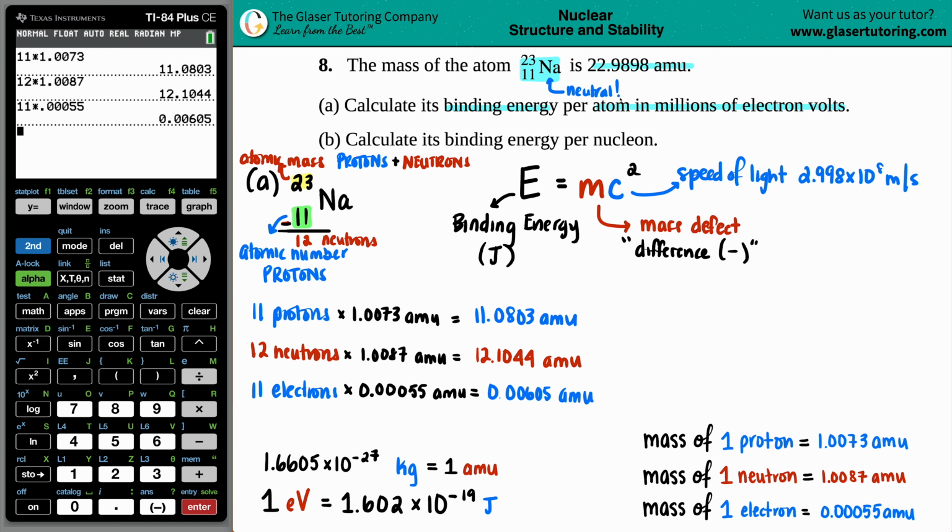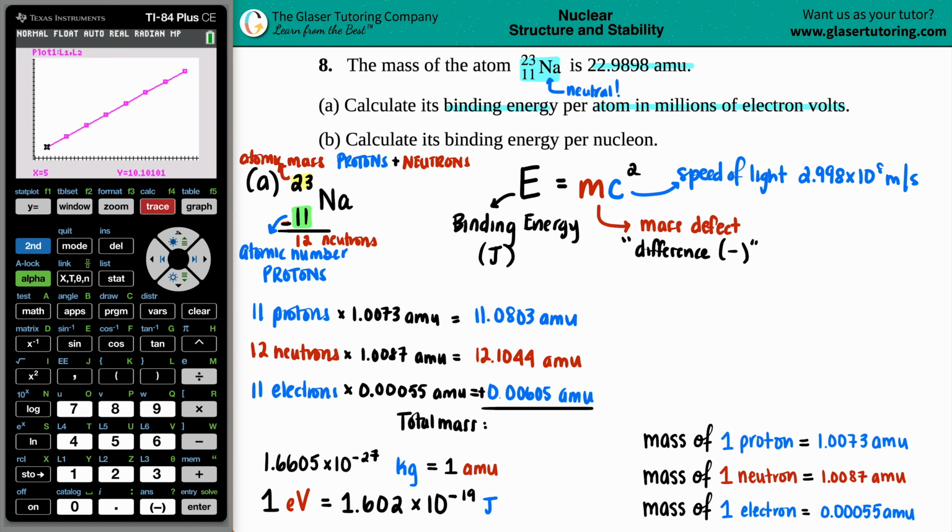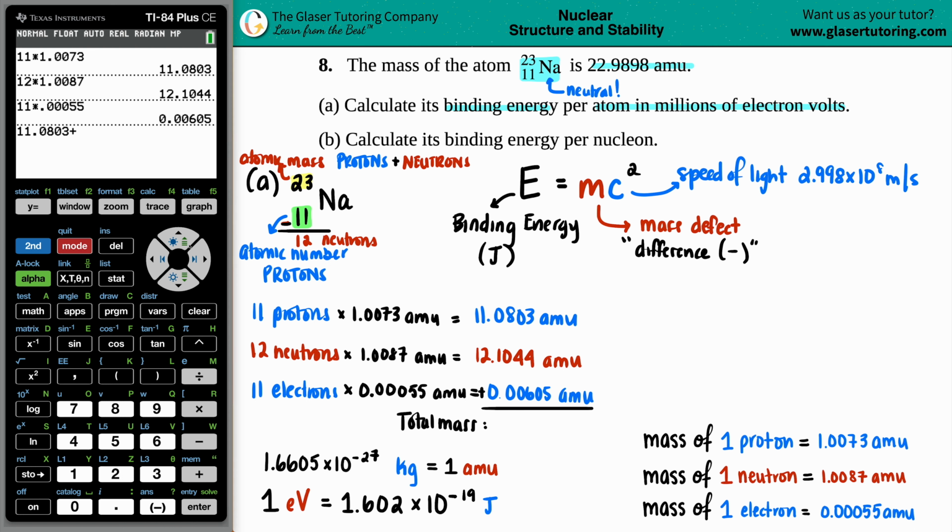But now I have to compare it to the total AMUs that they gave us. So I'm just going to add these three values up, and we have the total mass of, we'll just take these three numbers and add them together.